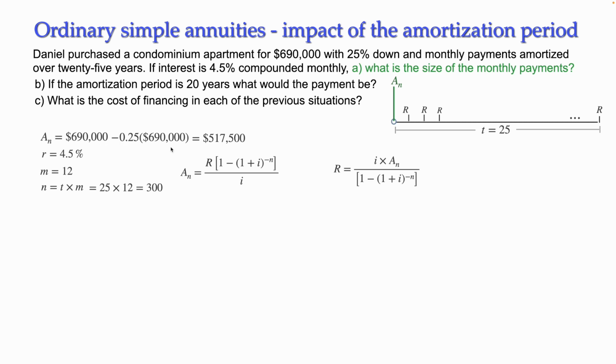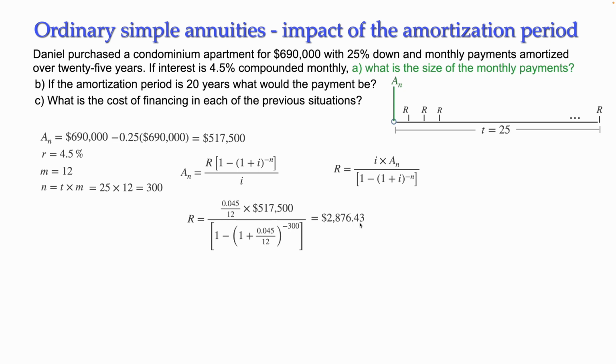Anytime that you have a down payment, the present value will be the cost of the loan minus the down payment. Okay, let's see. Making the substitution, R will be this. And using your calculator now, this 0.045 divided by 12 multiplied by 517,500 divided by this factor. In a previous video, I explained how to use a scientific calculator to compute this. Okay, do that, and the answer is 2,876.43.